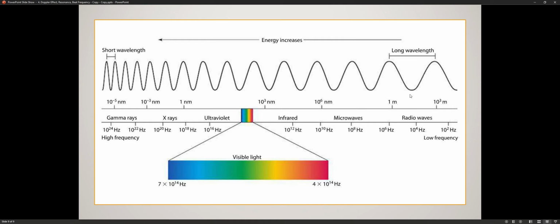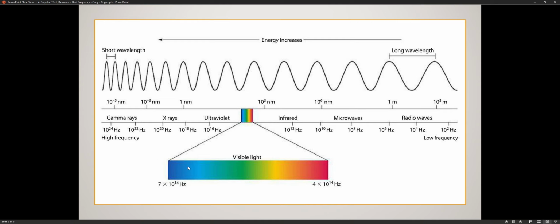Because we know that sound waves differ as you get closer or move away from someone, with either a lower frequency and longer wavelength, or a higher frequency. So as the star is moving away from you, there's lower frequency, longer wavelength, and the color is more red shifted. But if instead the star is moving closer to the Earth, that must mean that there's a higher frequency of light.